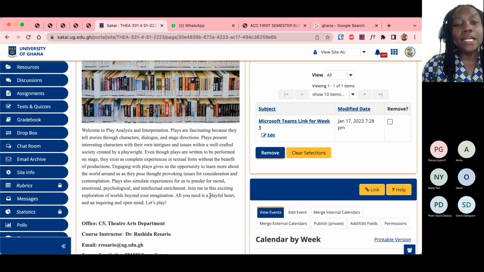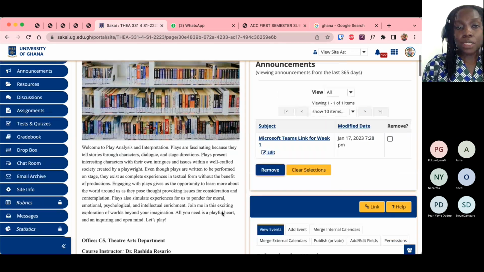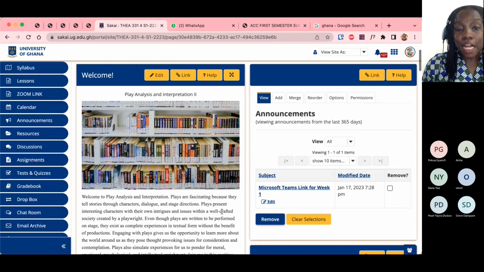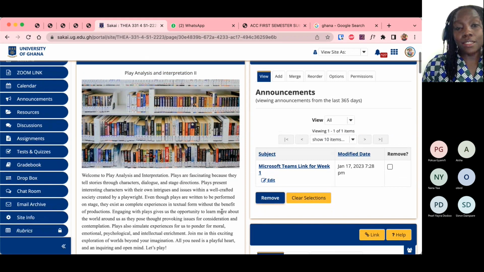Plays also simulate experiences for us to ponder for moral, emotional, psychological, and intellectual enrichment. Join me in this exciting exploration of worlds beyond your imagination. All you need is a playful heart and an inquiring and open mind. Let's play. What I've written here is actually all that you need.